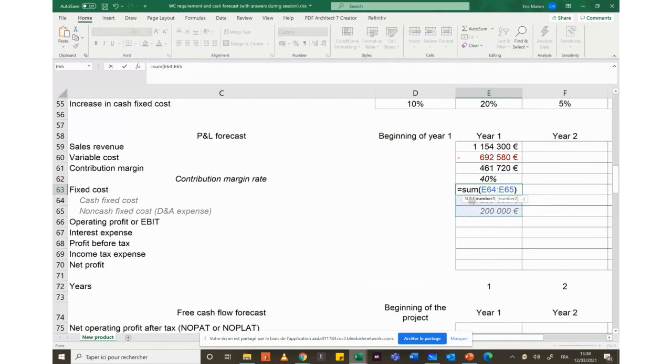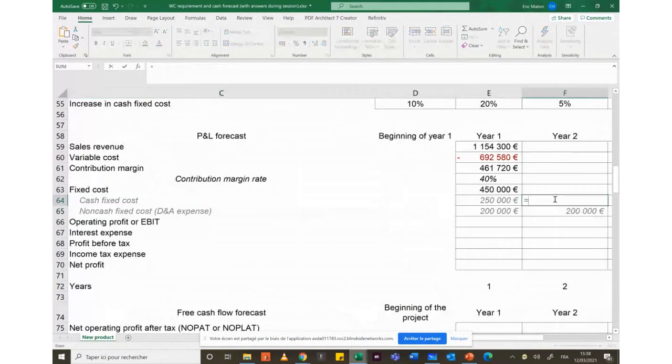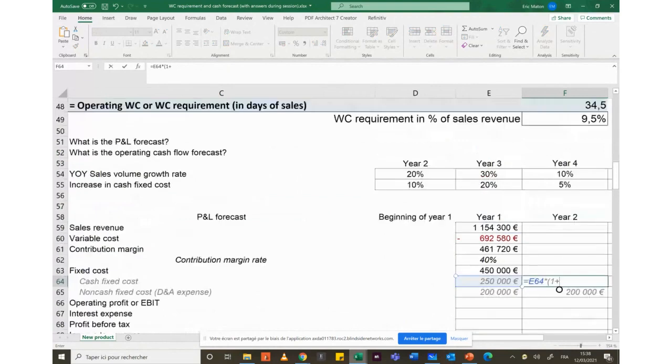After, we can suppose we continue to depreciate, we don't have new investments, so we continue with the same. And for the cash fixed cost, we can have some increase because of the salaries, because of the new employees, and so on. So increase the cash fixed cost by 10%.